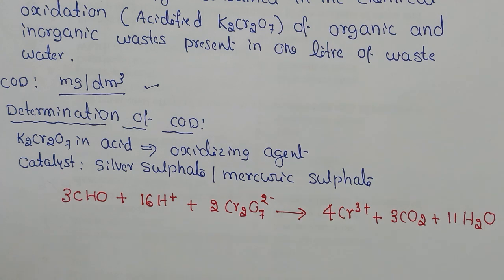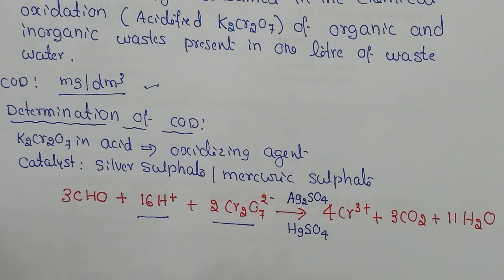Here in acid medium, this is potassium dichromate, and we use the catalyst silver sulfate Ag2SO4 and mercuric sulfate HgSO4.